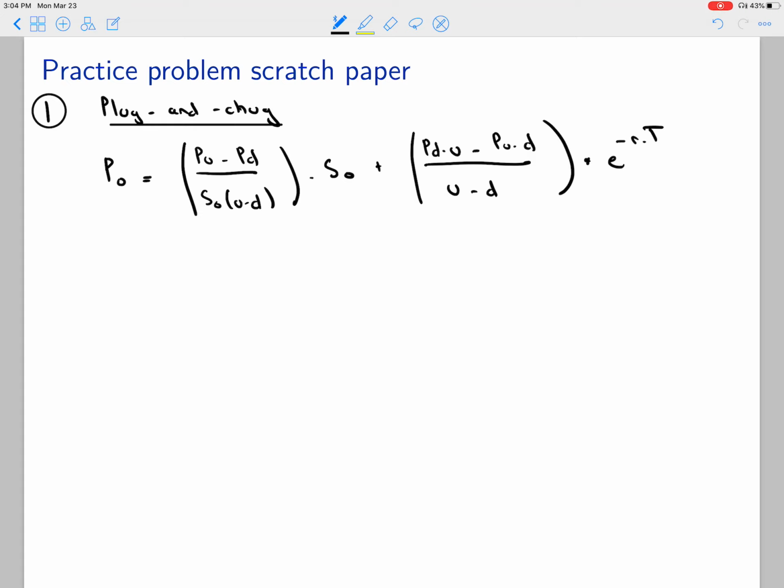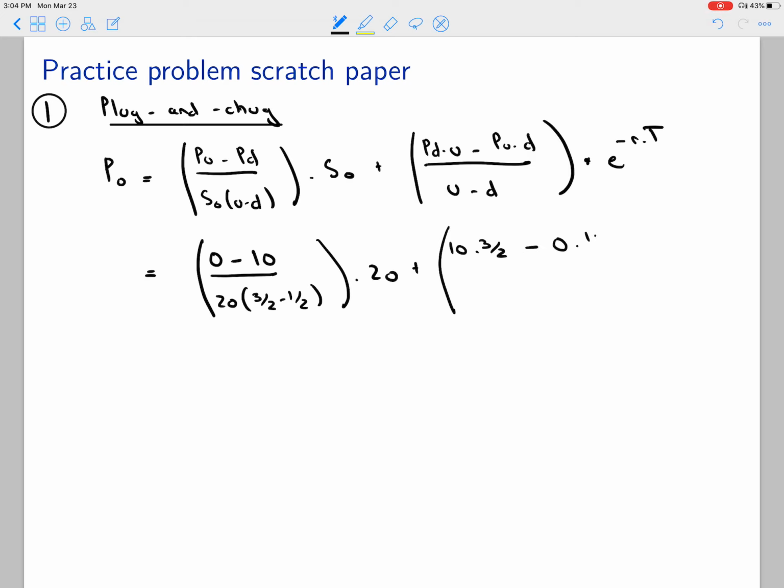Let's start plugging in some inputs. PU, the payoff in the upstate, is 0. The put has a positive payoff in the downstate, though. It's 10. Stock price today is 20. U is 3/2, D is 1/2. The beta is given as follows: PD is 10, times U, 3/2, minus PU, which is 0, times D, 1/2, over U minus D, 3/2 minus 1/2, times 0.99.